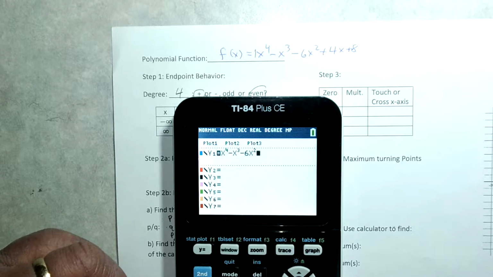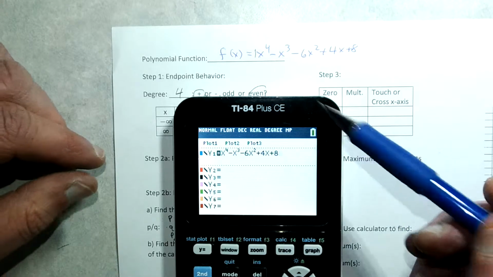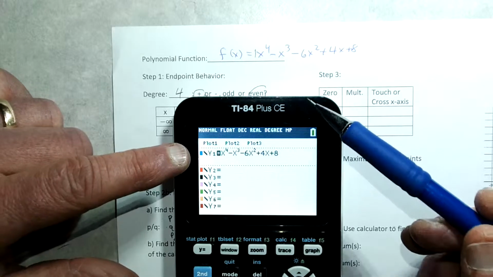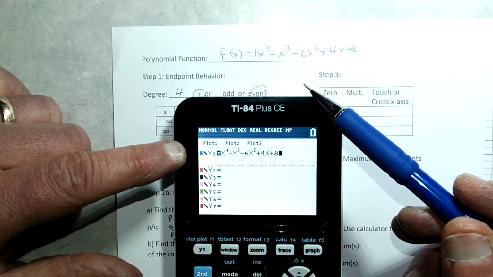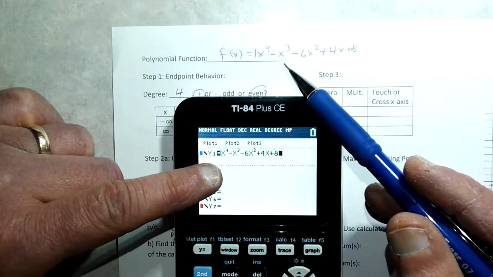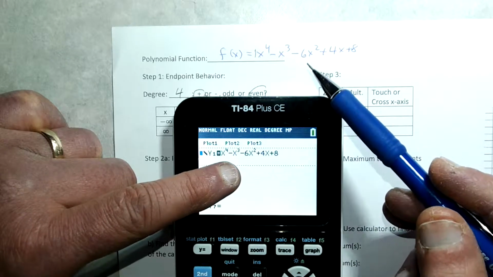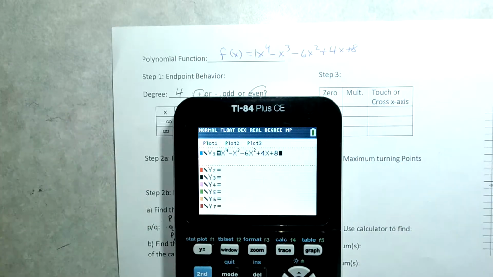And then plus 4x and plus 8. Let me double check that and compare here. It looks like we got x to the 4th. Good. Minus x cubed minus 6x squared plus 4x plus 8.